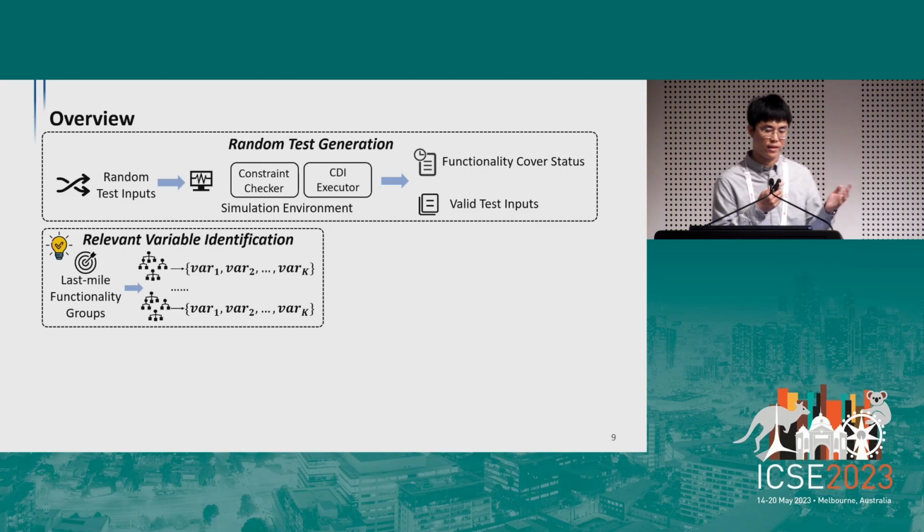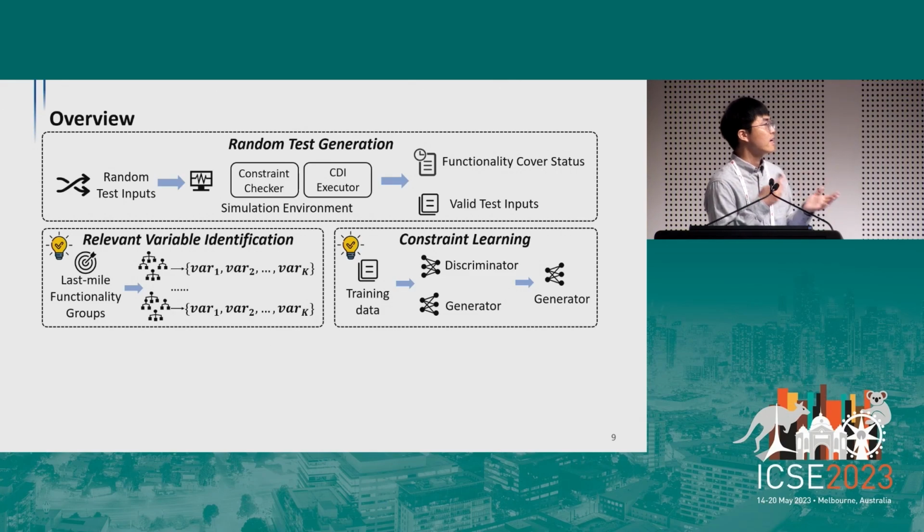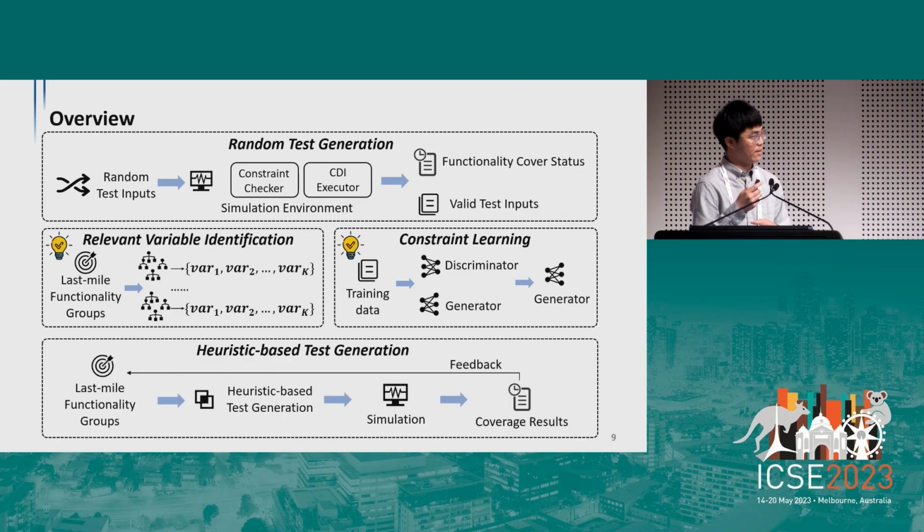The first component is designed to identify the most relevant variables to a specific functionality group to reduce the search space. And the second component is designed to learn the constraints. We use GAN to learn the constraints, and we use the generator to generate the valid test inputs. Based on that, we design a heuristic-based strategy for test generation.